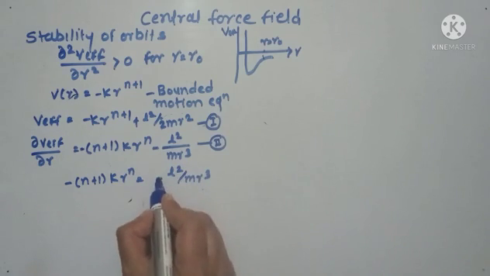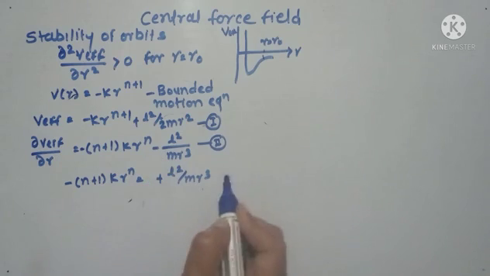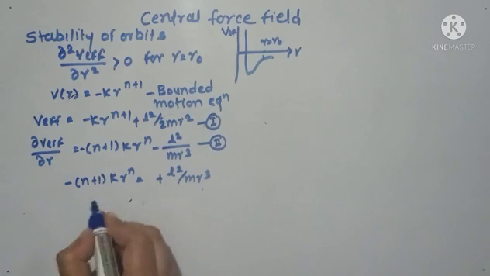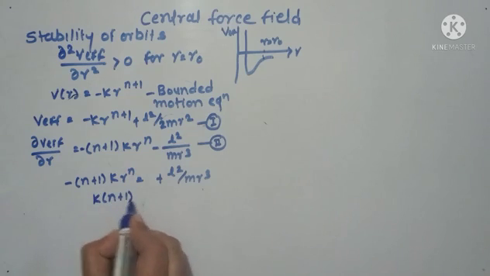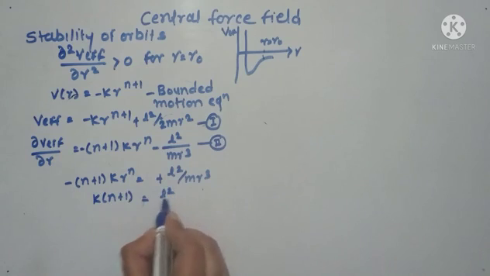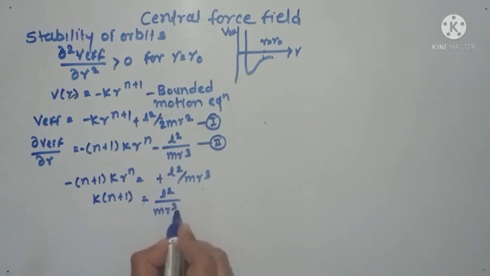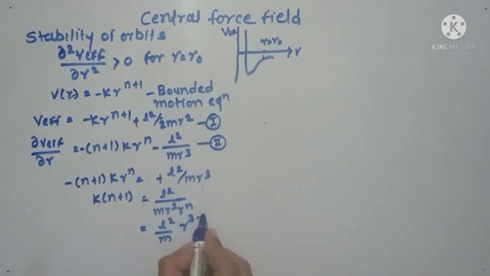Taking it to the right hand side it becomes plus, so k into n plus 1 equals L square upon m r cube into r raised to n, or L square upon m r raised to minus 3 minus n.